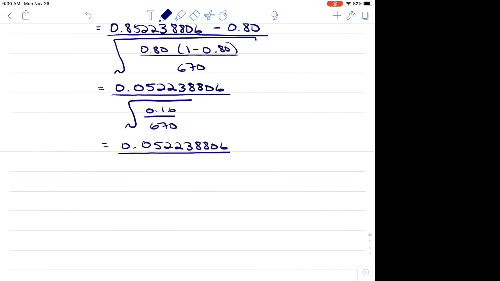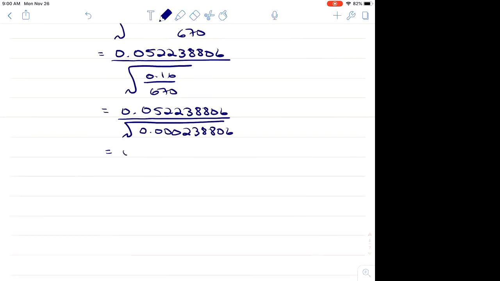0.0522388806 divided by, and don't forget that square root, 0.0000... 1, 2, 3. 238806. Weird. Square rooted. 0.0522388806 divided by 0.015453348.